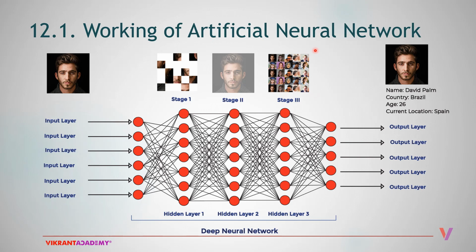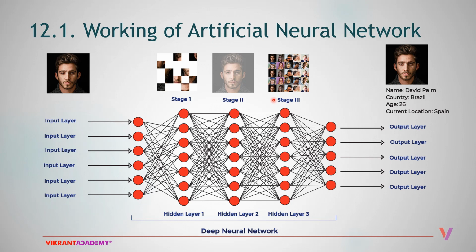For example, first the image will appear on the first layer, which is stage 1, hidden layer 1. Then on stage 2 it will be more clear, and then in stage 3 it matches the images with the images we have here. So the data from the existing images in stage 3 will finally give the output of the images we have given.